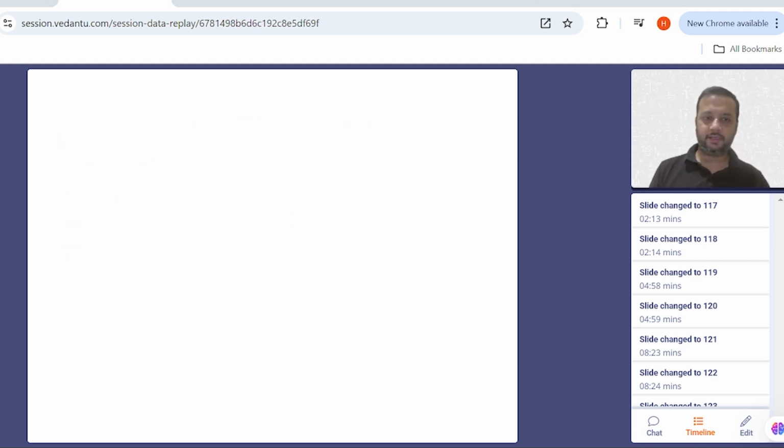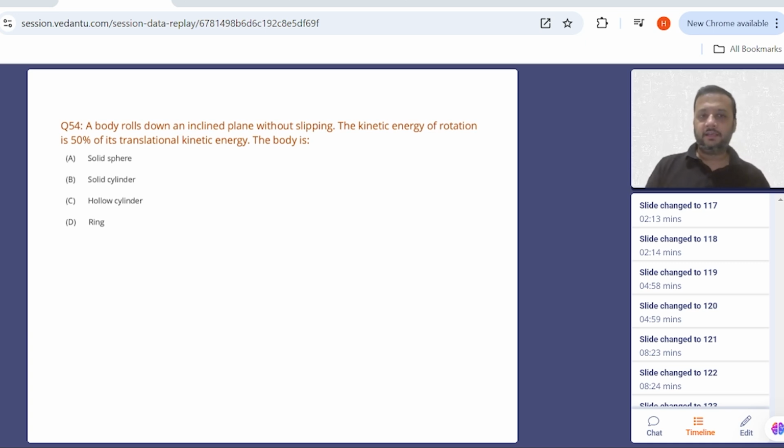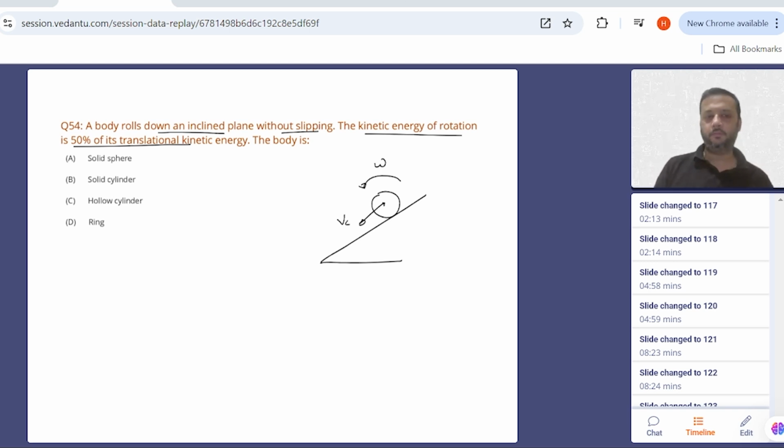Let us move to the next question. Here a body rolls down an inclined plane without slipping. So kinetic energy of rotation is 50% of the translational kinetic energy. So we have to identify the body. So let us say the center of mass has a speed vc and omega is the angular velocity of the body.